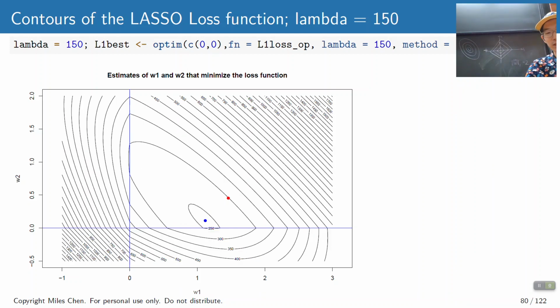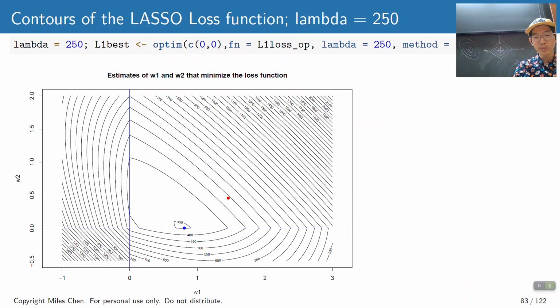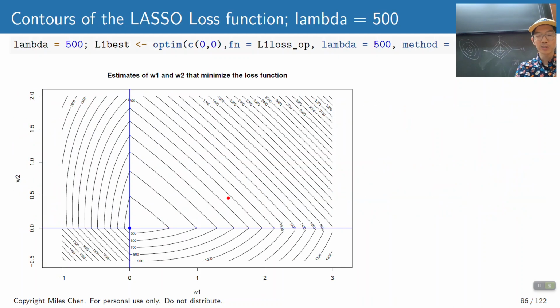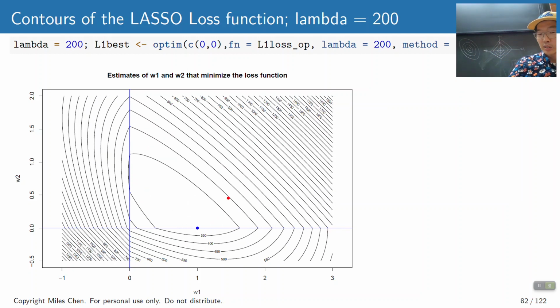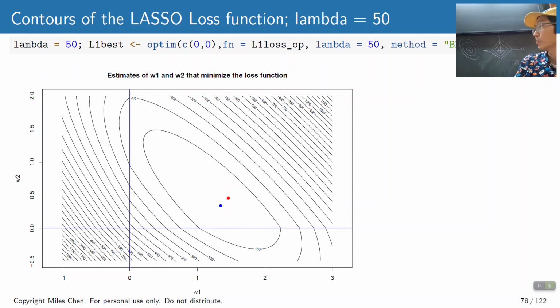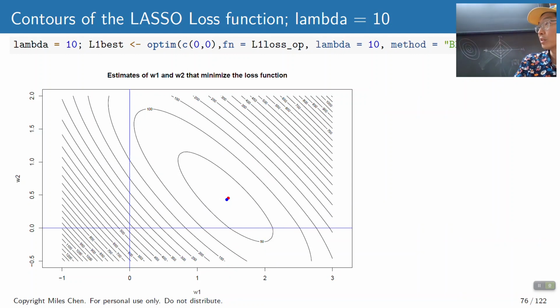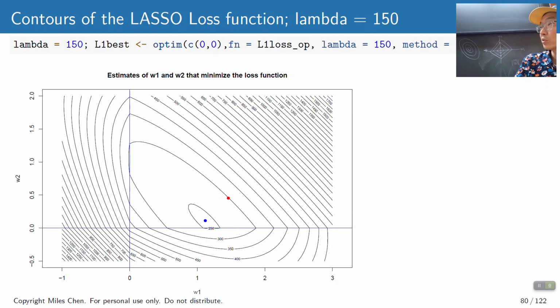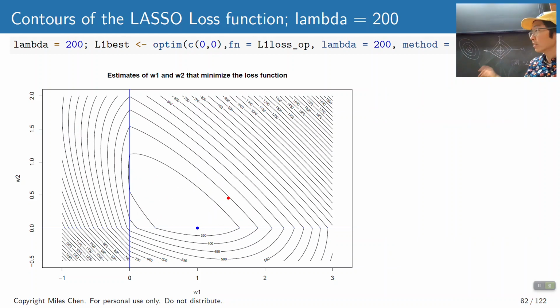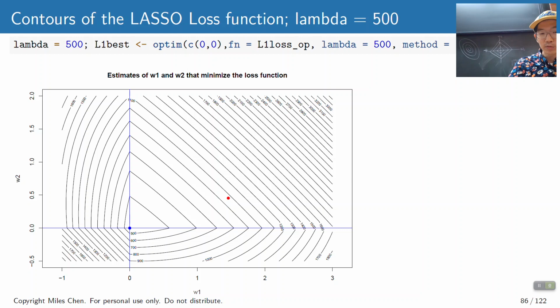And as lambda gets bigger, it becomes more diamond shaped, until lambda is really big and it looks more like the diamond side. It's still including the OLS part, but it starts off looking a lot like OLS, and as we increase the importance of the diamonds, our contour plot reflects that.